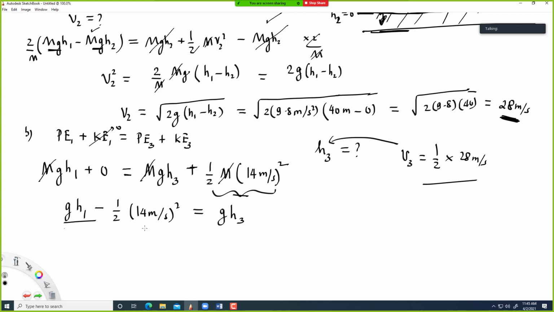So divide both sides by g, or you can do that later. Let's first find this left side. This g is 9.8 meters per second squared. Height at 1, we already used that, 40 meters, minus 1/2 times 14 squared.